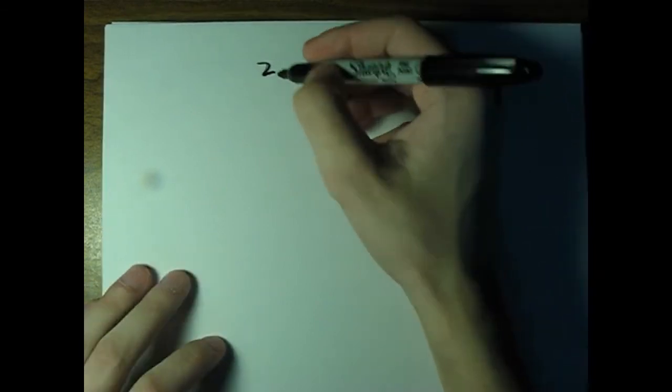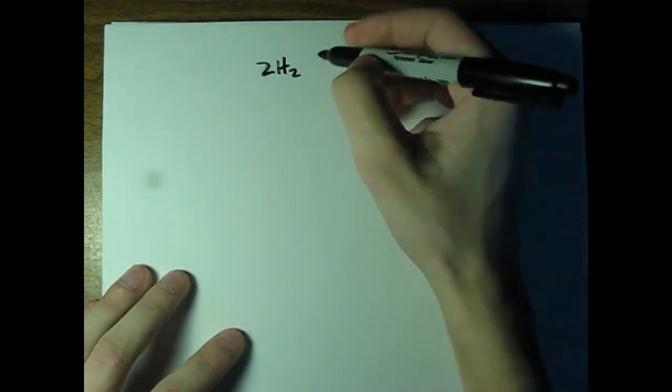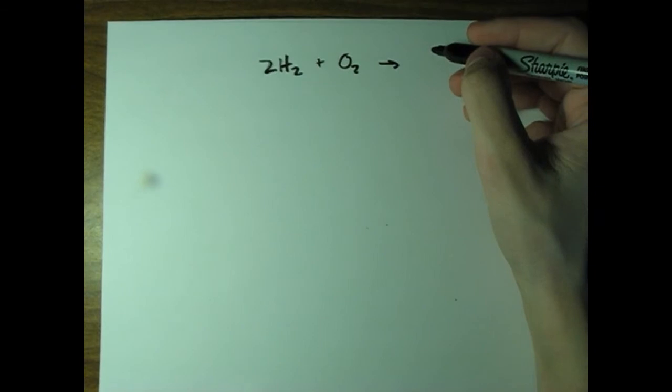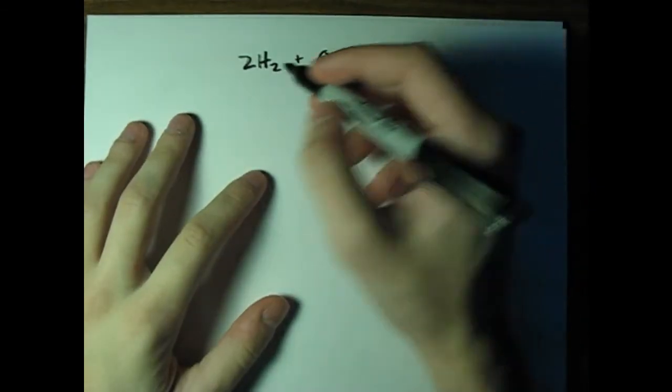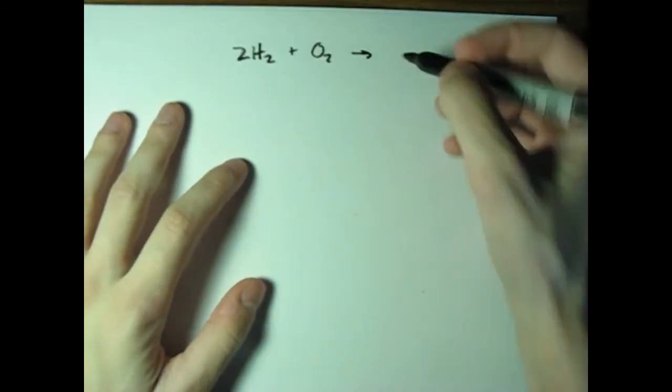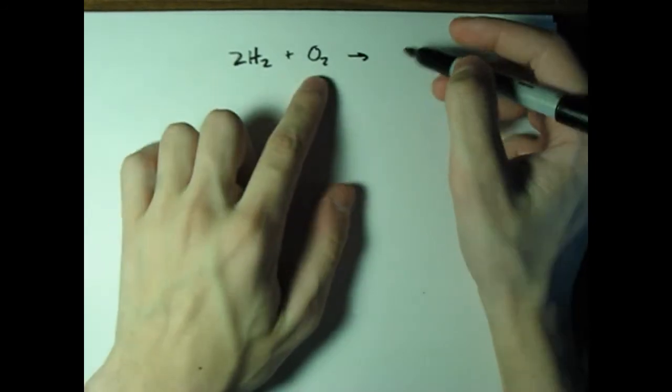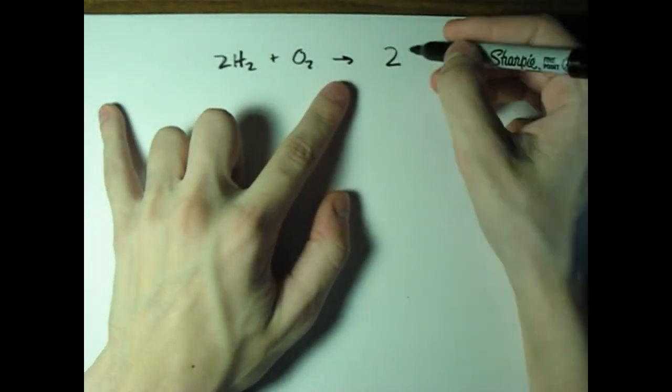So, a rocket carries liquid oxygen and liquid hydrogen, let's say, and combines them to form water. So we have our reaction here that we were looking at before, 2H2 plus O2. Okay, so we have our reaction that we were talking about before with hydrogen and oxygen, and they combine to form water.